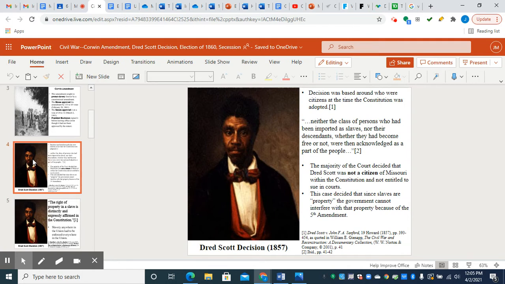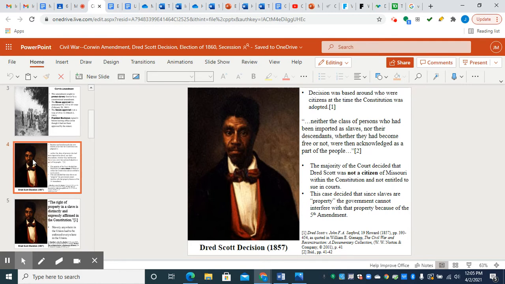So that means that if people can move slaves from slave states into free states, and still maintain them as property, that basically takes away from the fact that states have declared slavery illegal. It would basically say you can't enforce that.